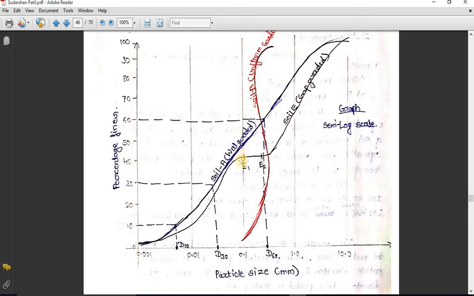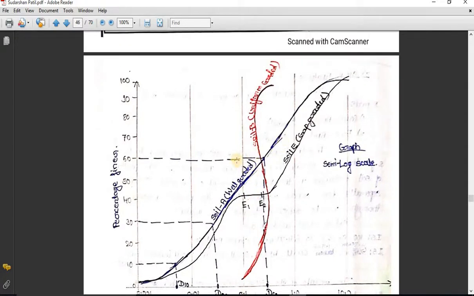That means in between these two sizes, approximately 0.1 and 0.14, there is no particle present. There is no particle having a size in between these two. So that's why it is called gap graded. So there is a gap in size. That's why it is called gap graded.